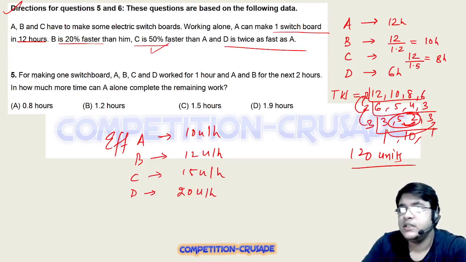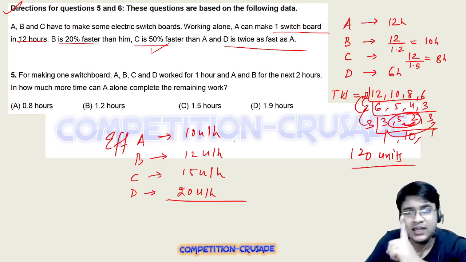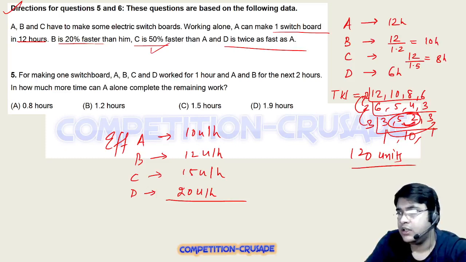The first question is for making the switch, A, B, C, D worked for 1 hour. So how much work will they do in 1 hour? 10, 20, 30, 50, 57. So in 1 hour, 57 units of work is done.